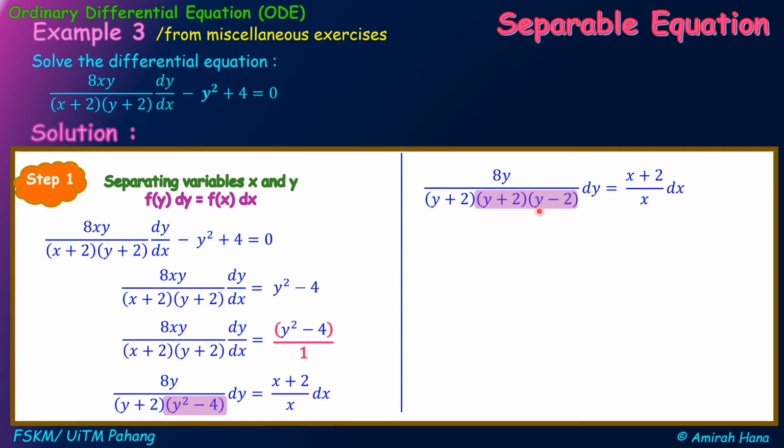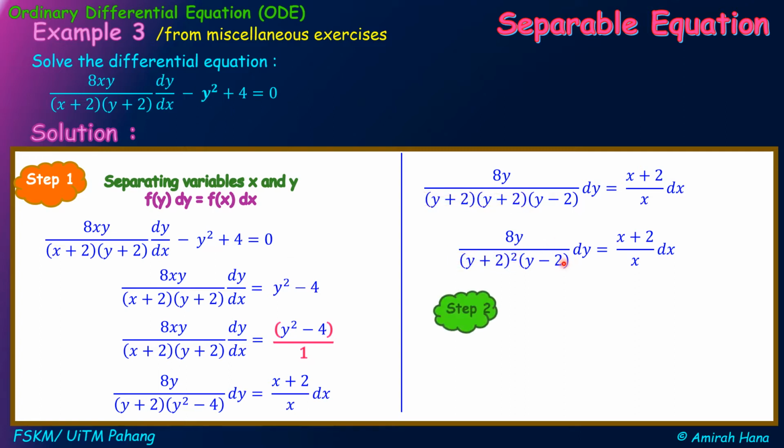We factorize it, and then from here we have y plus 2 times y plus 2, so we can write y plus 2 bracket squared. Alright, from here, we can continue with step 2, integrating both sides.